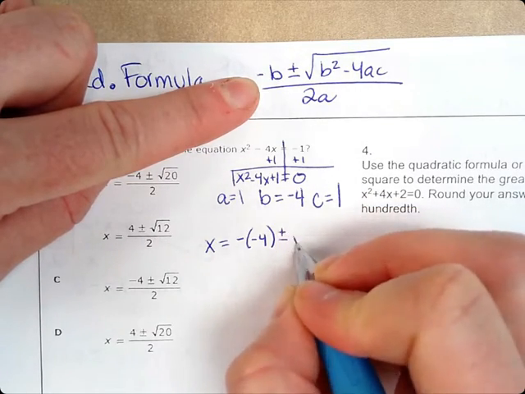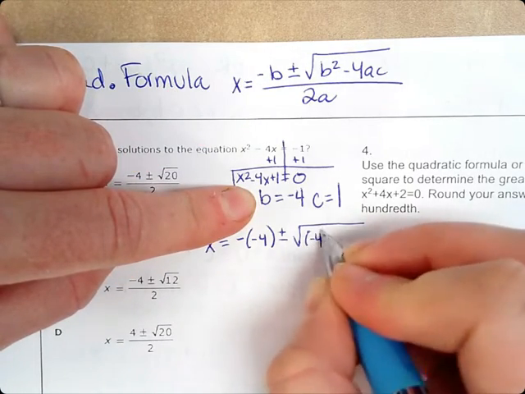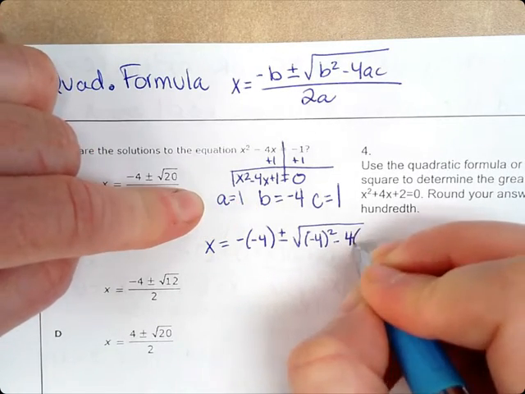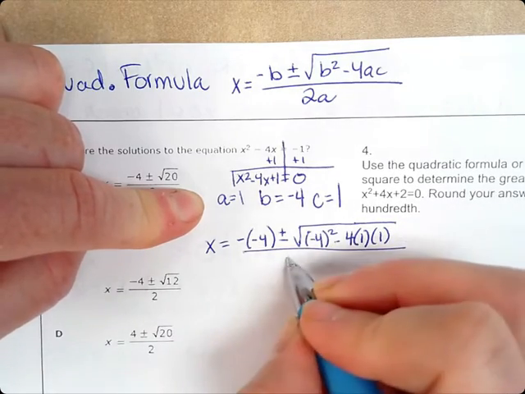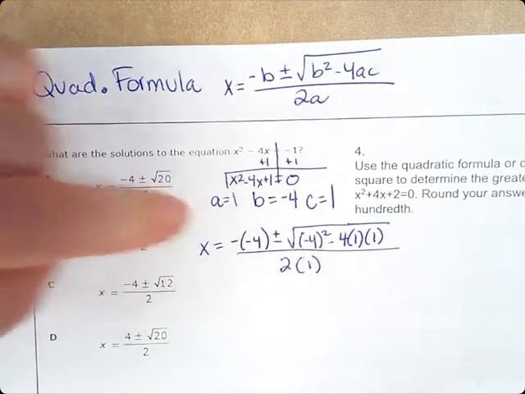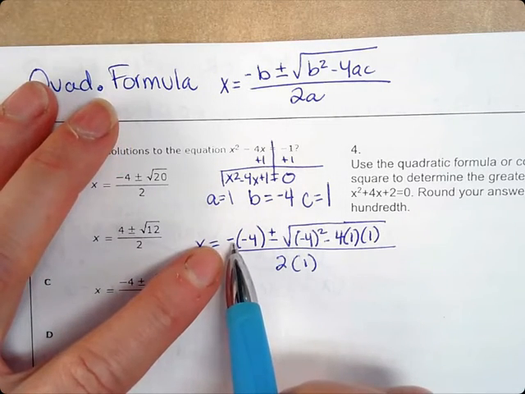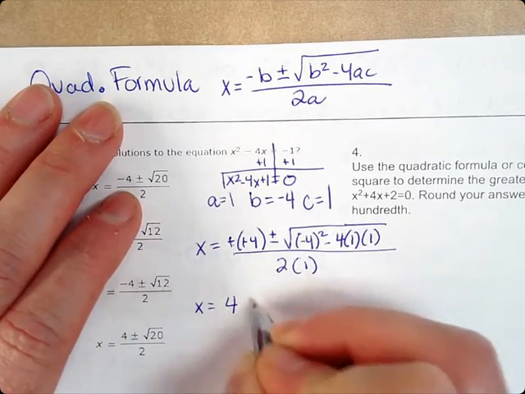Plus or minus square root of, let's put this in parentheses, -4 squared minus 4 times a times c over 2 times a. We are just plugging in a, b, and c. So let's look at our answer. Let's look here. Plus, minus, minus. So that actually equals 4 plus or minus.